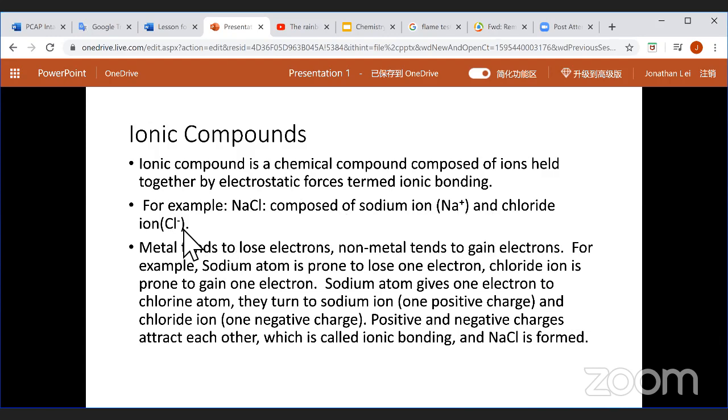For chloride, it gains one electron, which makes it have one more electron than proton, so it has one negative charge. And a positive charge and negative charge attract each other, which is called ionic bonding. And sodium chloride is formed. Does anyone have questions here?